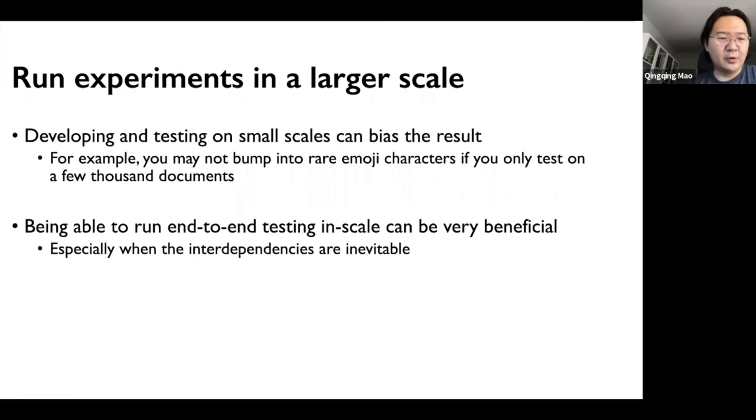A real example we had before: in natural language processing, you can have very rare characters, or emoji, or very weird Unicode. You don't bump into it until you run tens of thousands of documents, because it can easily slip through when you subsample aggressively on a data set.